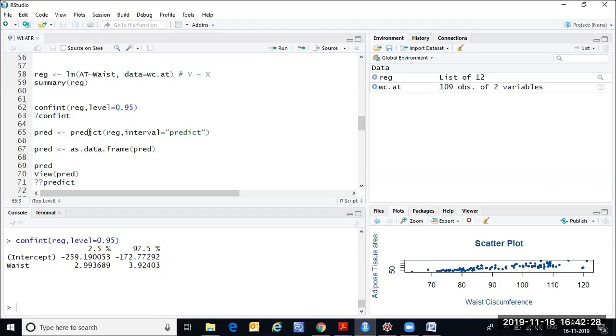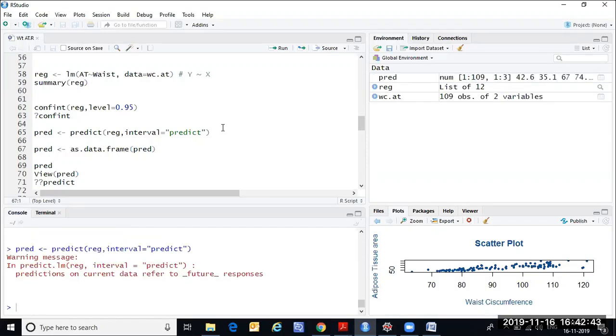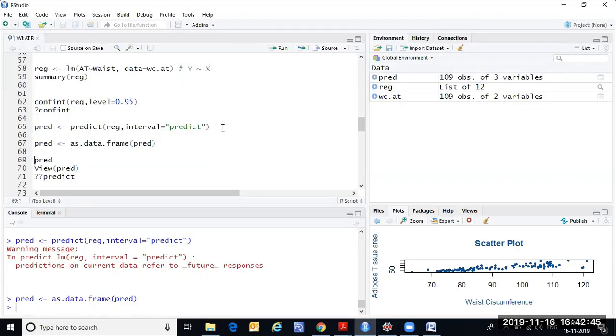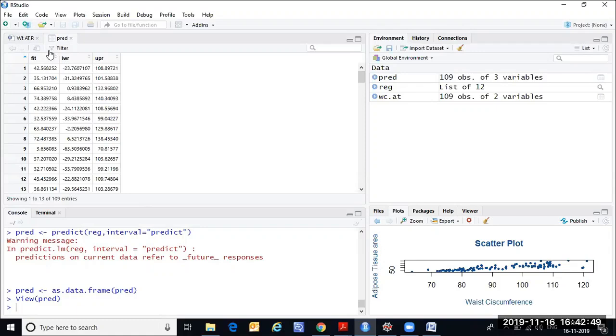Now, let's use prediction interval. Interval equal to predict. Now, if we convert this into a data frame and keep it in the thread, let's see what values we predicted. These are the predicted values.